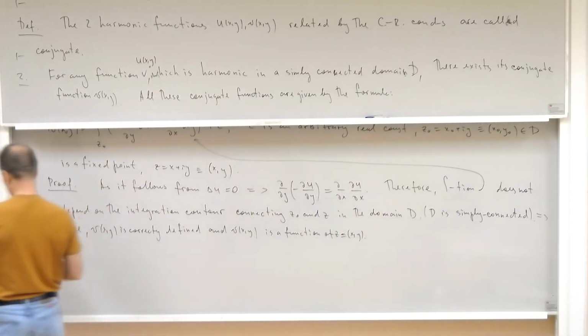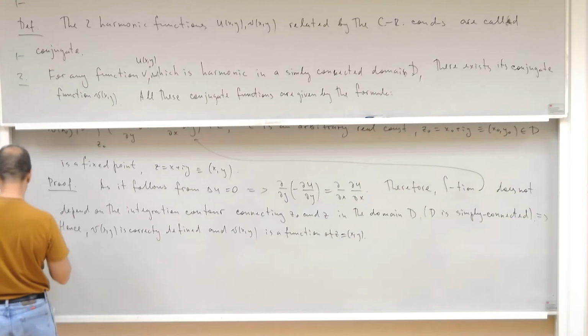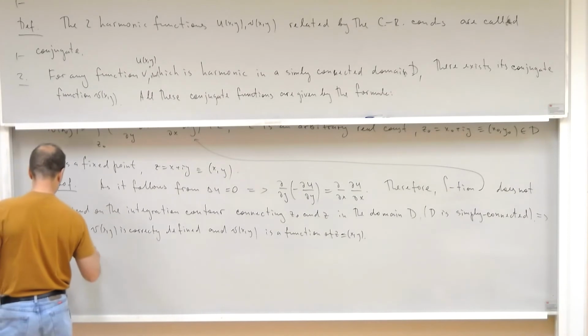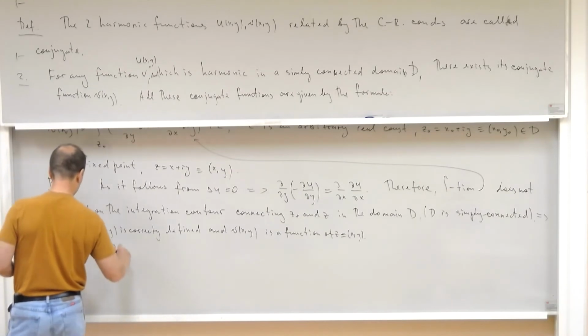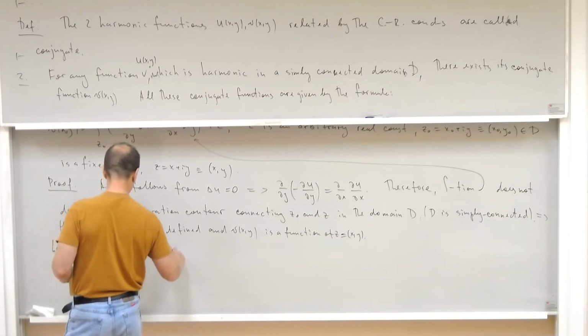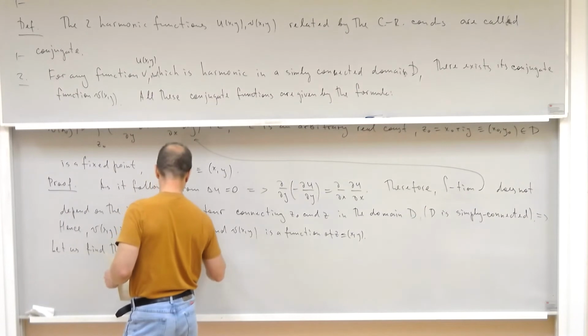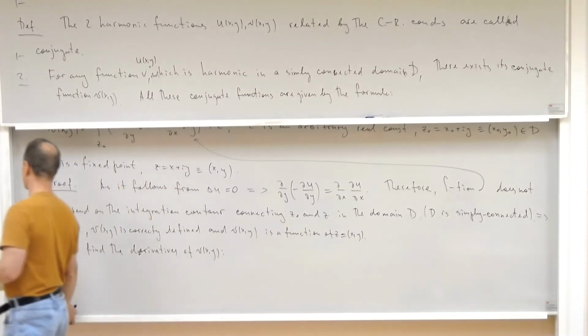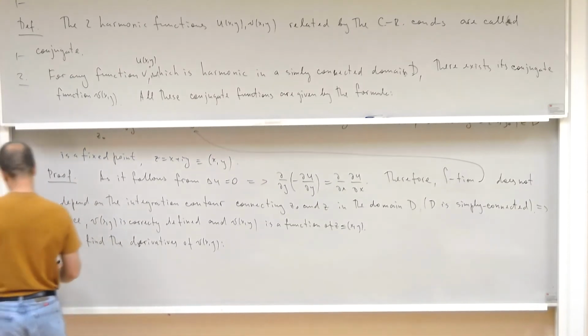Let us prove that this function v is a conjugate function to the function u, because we must prove that the functions u and v are related by the Cauchy-Riemann conditions.